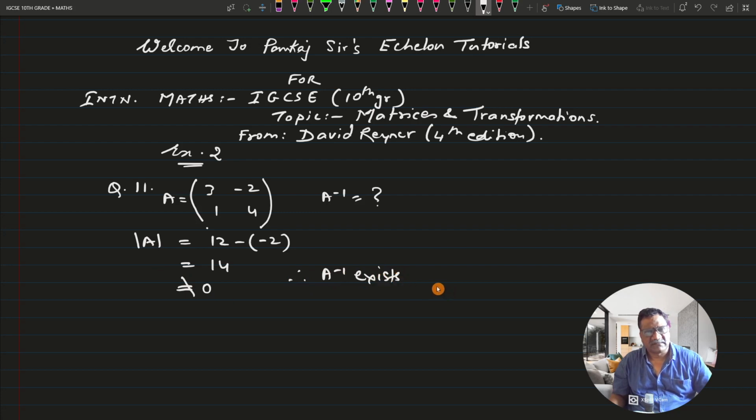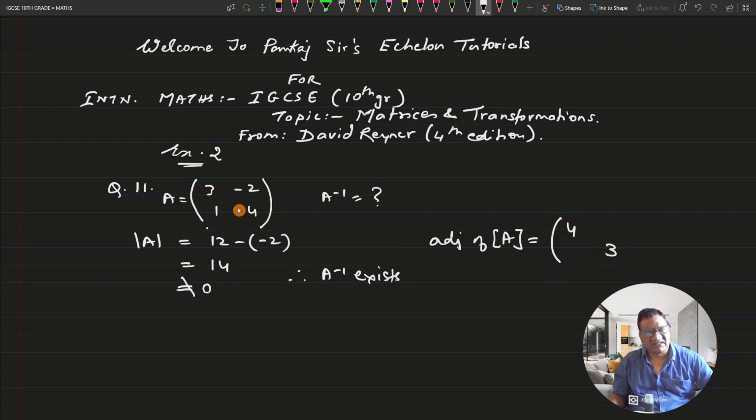Now, the second thing that you have to find is the adjoint of this matrix A. How to find the adjoint of this matrix A? I have taught you the shortcut method of finding the adjoint. What you have to do is swap the positions of this 3 and 4, so you get 4 and 3 over here.